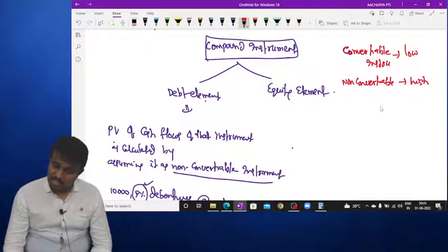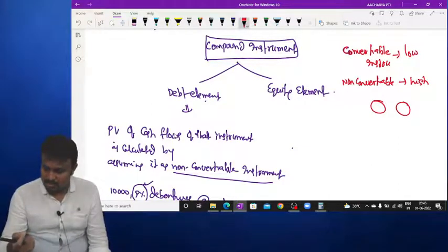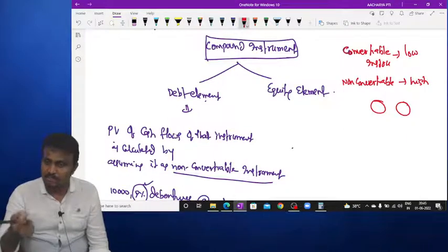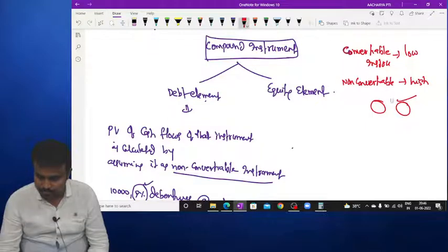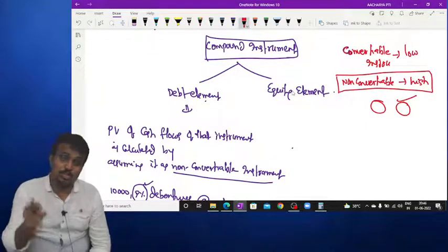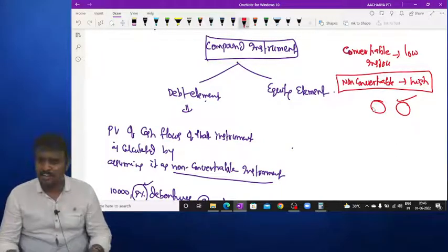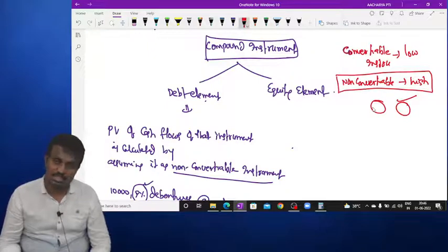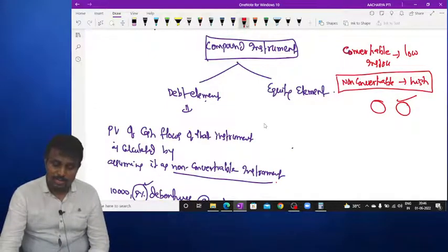For example, in the exam, if two coupon rates are provided and we are unable to ascertain the discount rate at which we require to calculate present value, then just consider the high rate, because we need to calculate present value of the cash flows by assuming that the instrument is non-convertible. In the market, non-convertible instruments have a high rate of interest. Okay, clear?